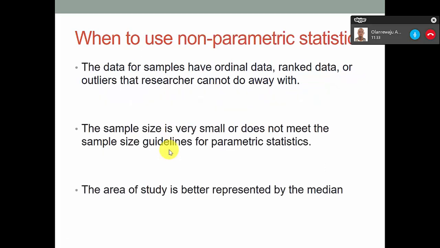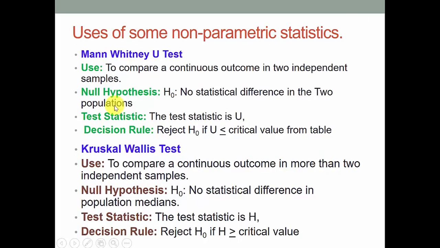Moving on to slide 8, I have the information on how to use non-parametric statistics. Whenever you find yourself in a situation where your data is not standard, the decision rule is that whenever the value you get is less than or equal to the critical value from the table, you reject the null hypothesis.